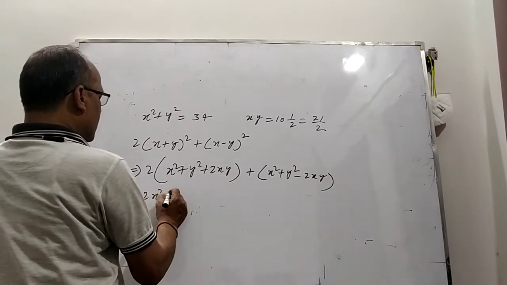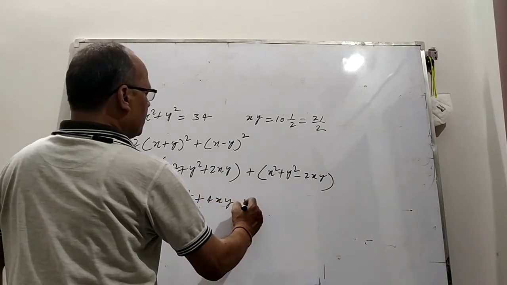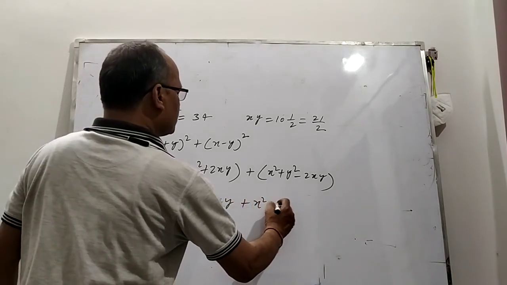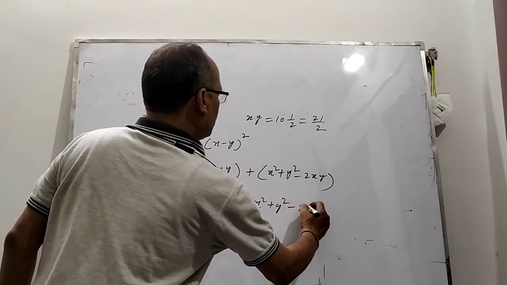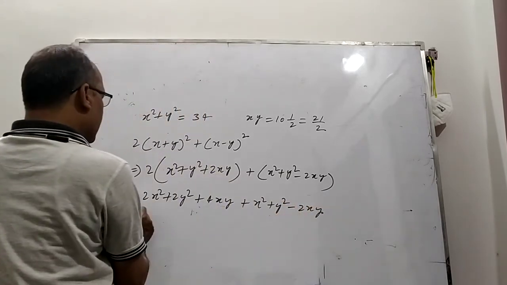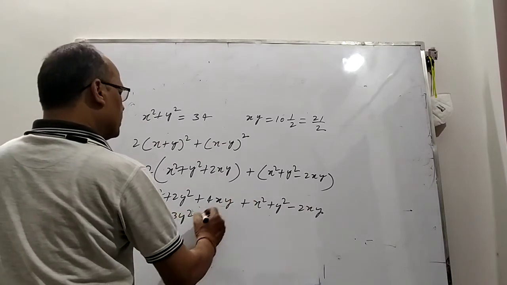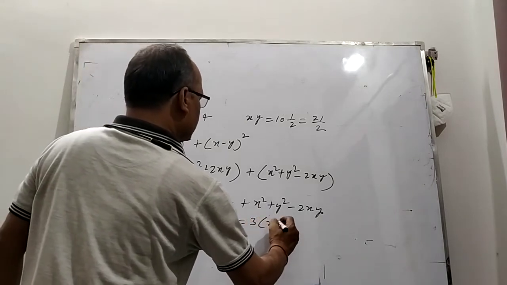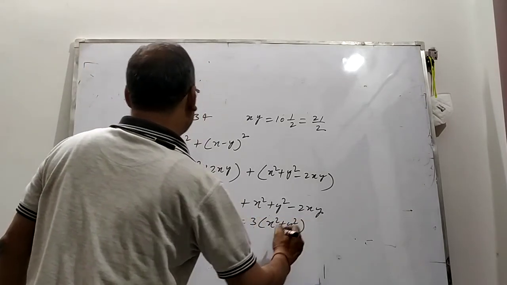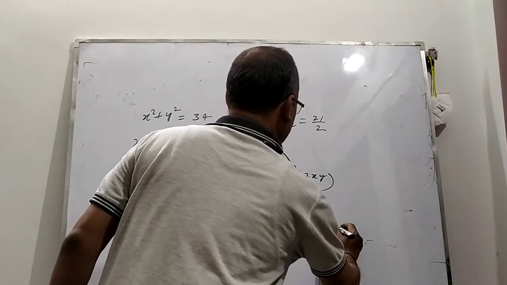So 2x square plus 2y square plus 4xy plus x square plus y square minus 2xy. That will become 3x square plus 3y square plus 2xy. 3 common, 3(x square plus y square) plus 2xy.